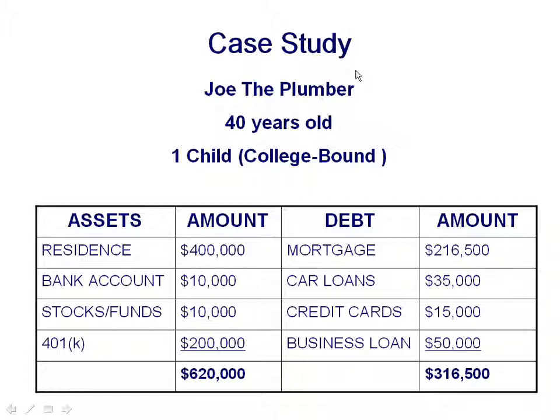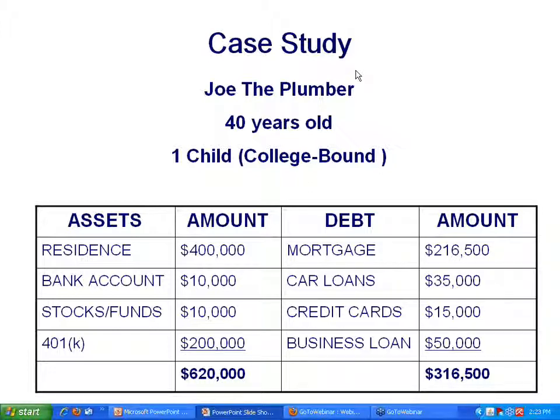He has $620,000 in total assets, but also currently has considerable debt, including a $216,500 mortgage, which he's 15 years into a 30-year mortgage. And he has car loans at $35,000, $15,000 in credit cards and a $50,000 business loan.